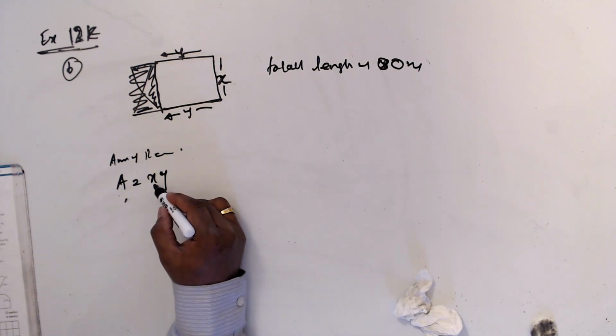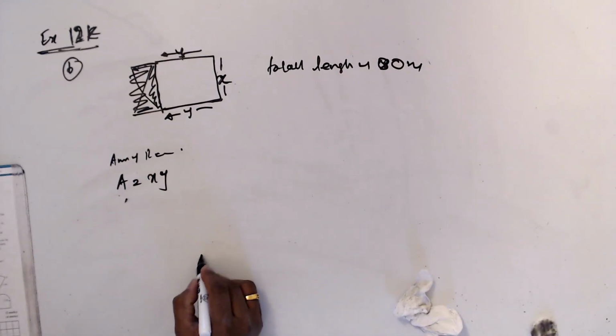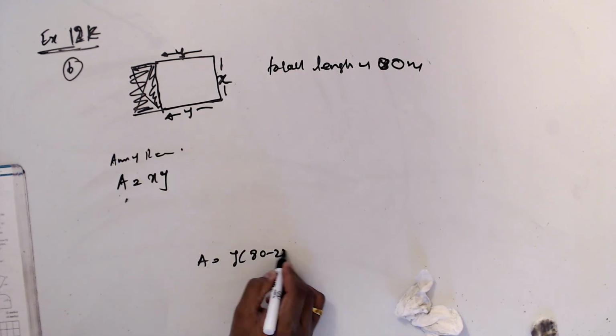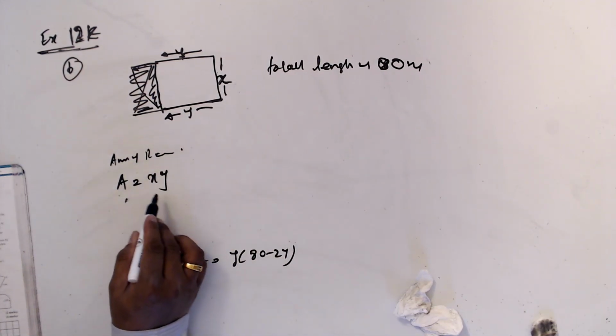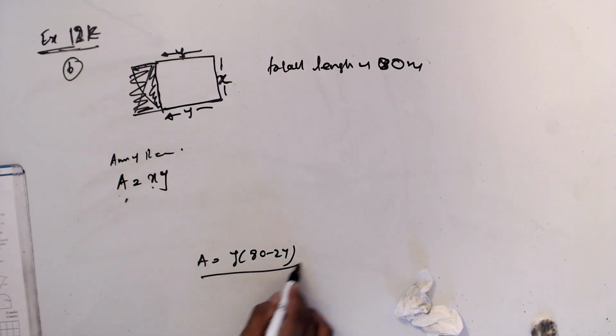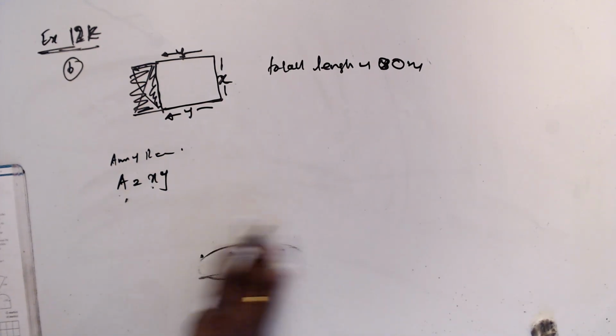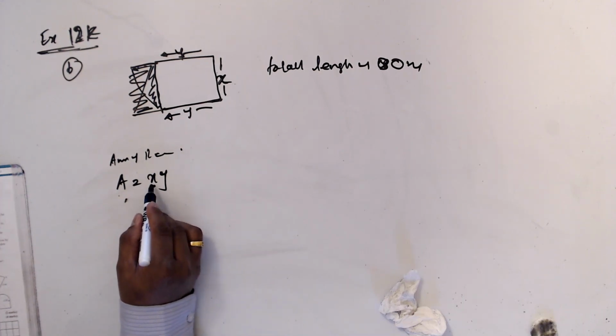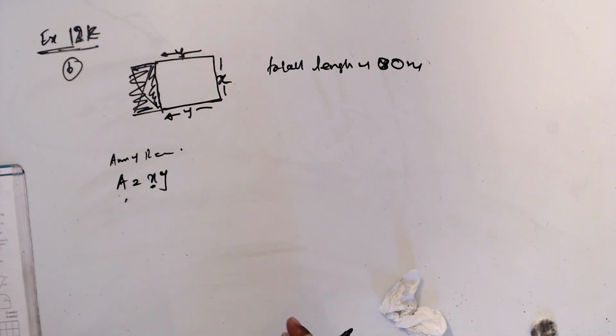Now in this equation, A equal y times 80 minus 2y, you can't find x, only y. So you have to develop another equation to substitute this x value.